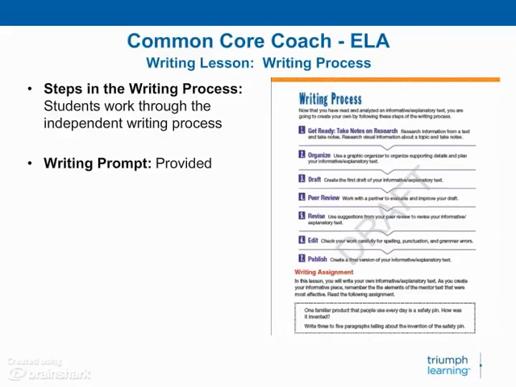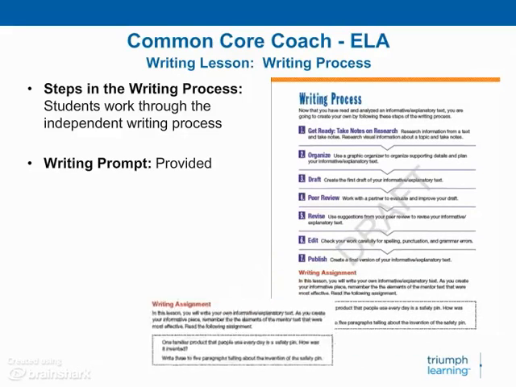The next part of the writing lesson introduces the steps in the writing process. Students will work through the independent writing process with support from graphic organizers and student and teacher instruction. There will be a writing prompt provided as well.